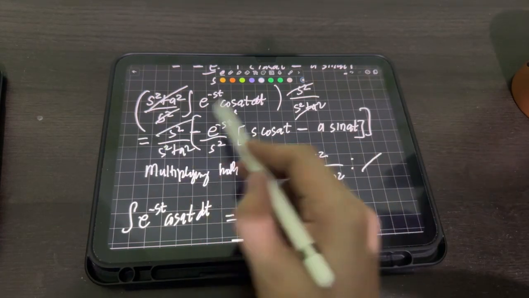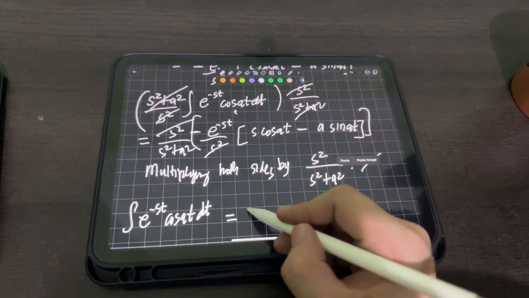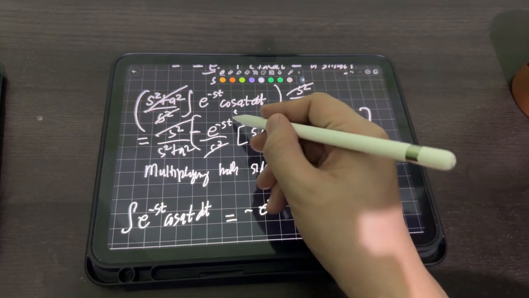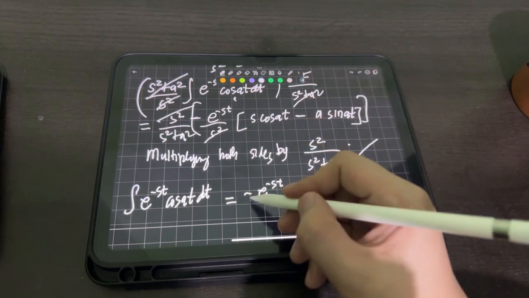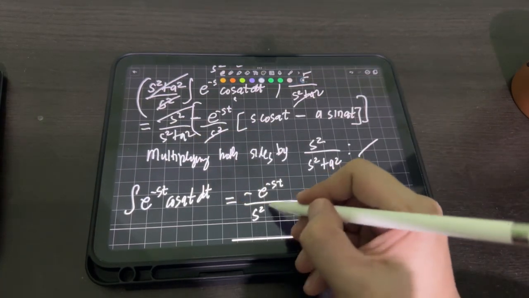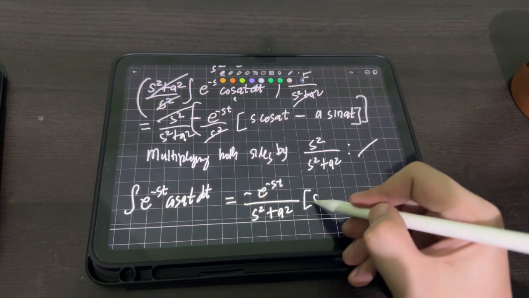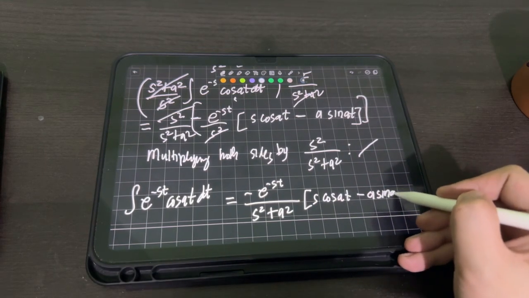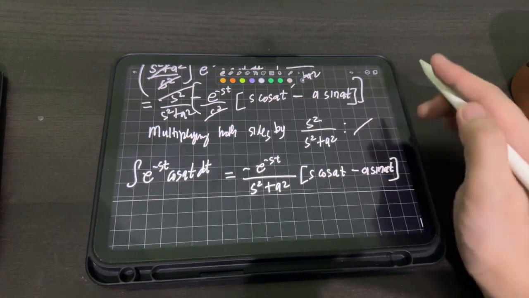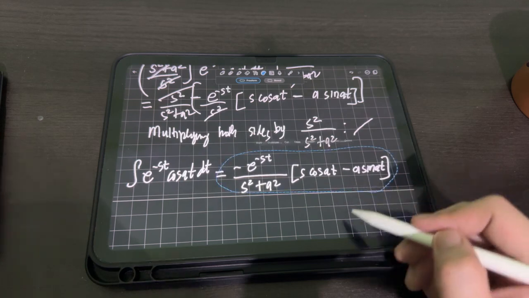So you can cancel this s squared. So we just have negative e to the negative st over s squared plus a squared, then times s cosine at minus a sine at. So this is the value of the indefinite integral without the limit, right?